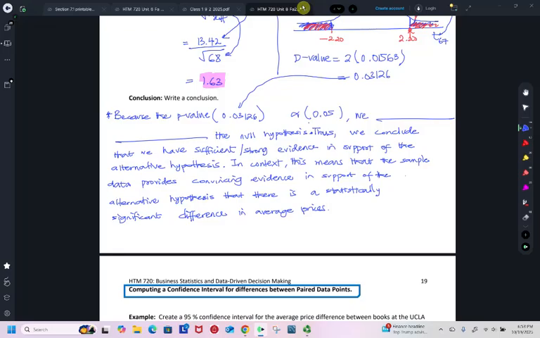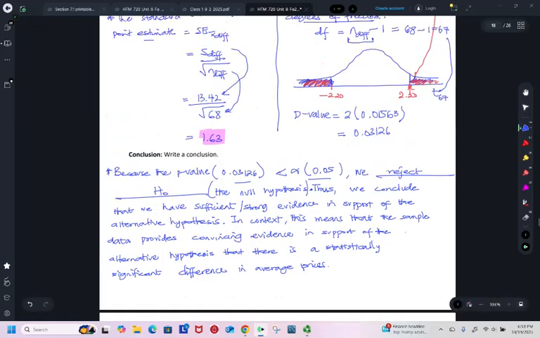With that p-value, 0.03126, against alpha, you will notice that the p-value here is less than alpha. And when the p-value is less than alpha, what decision do we take? We reject the null hypothesis.